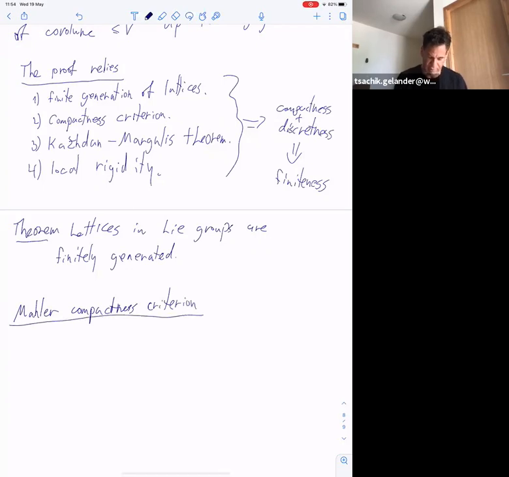Mahler stated it for lattices in R^n, and Chabauty stated it for more general lattices. So the theorem is the following.